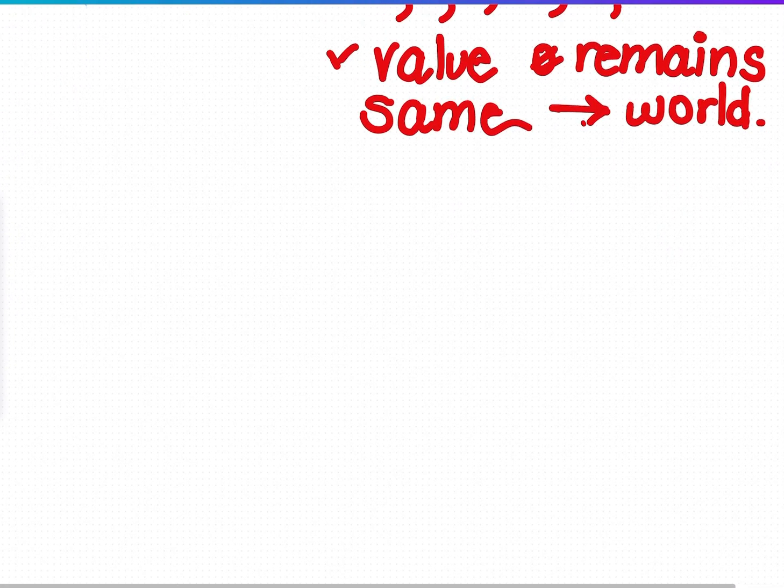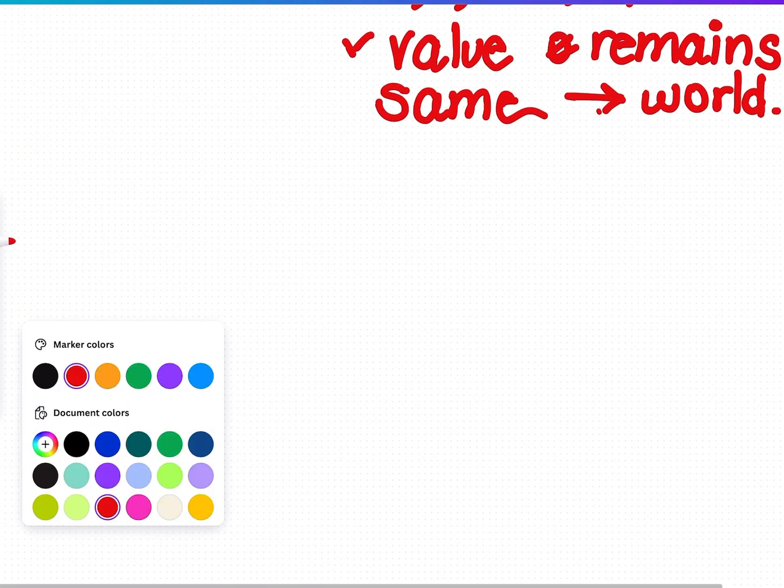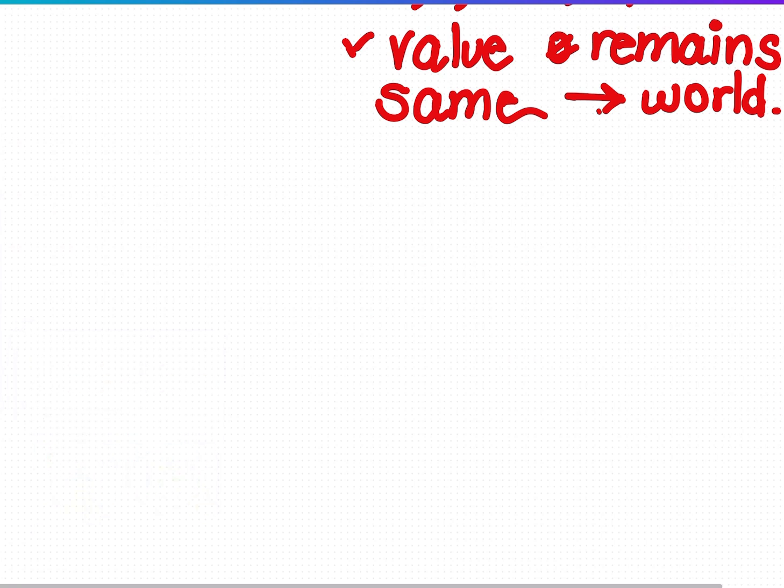All right, the next word that we are going to look at is called algebraic expression.